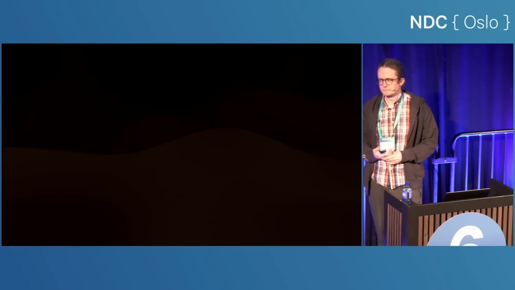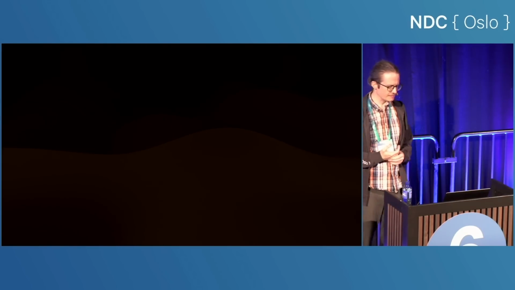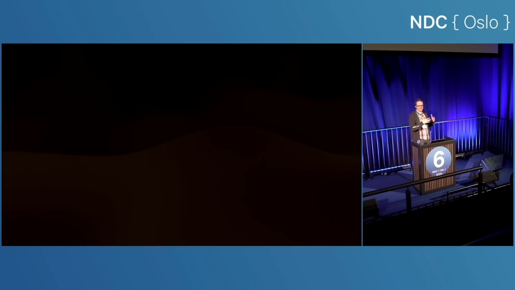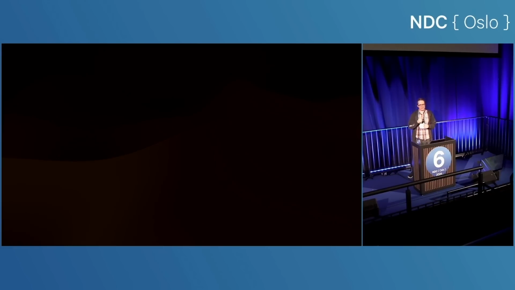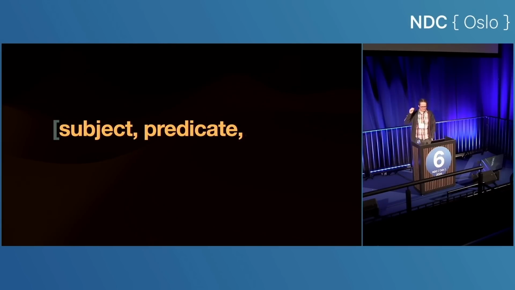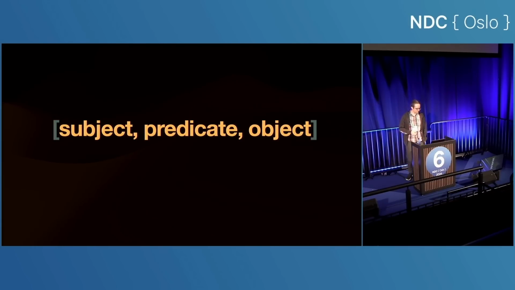In fact, Datomic has quite a different take on the shape of the data. It's most similar to semantic triples from RDF, or the Resource Description Framework, which sounds very fancy, but it really is not. It's almost like grammar: subject, predicate, object.